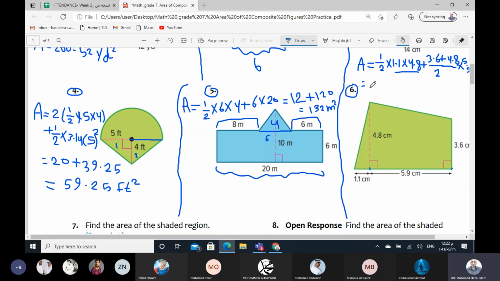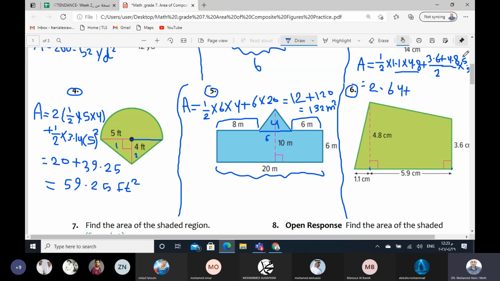The answer will be 2.64, plus here up we have 3.6 plus 4.8 equal 8.4 divided by 2 will be 4.2.